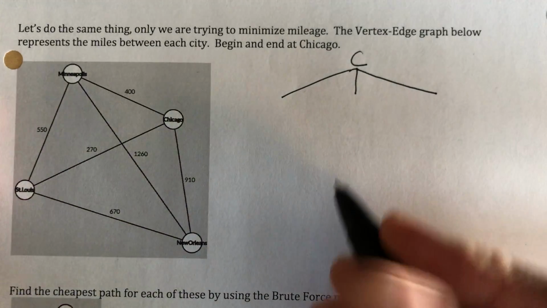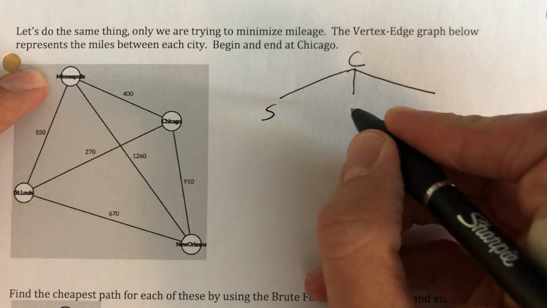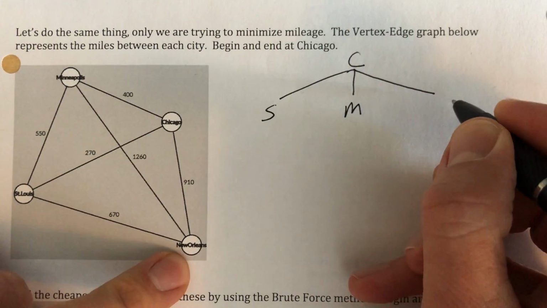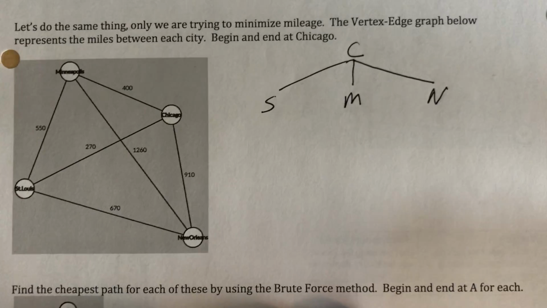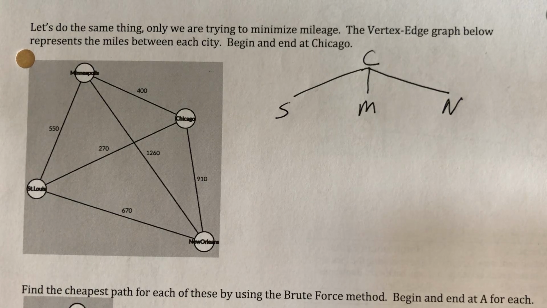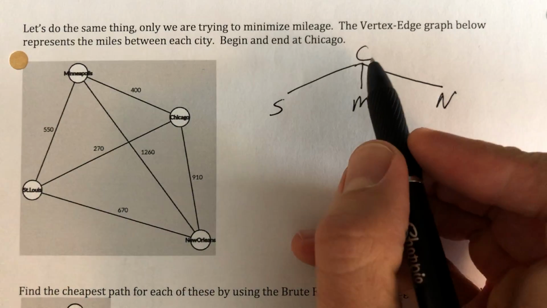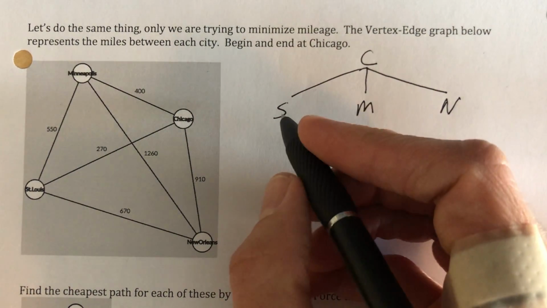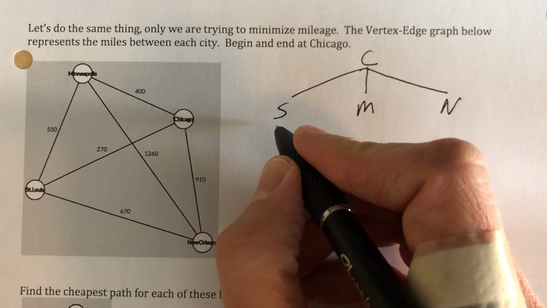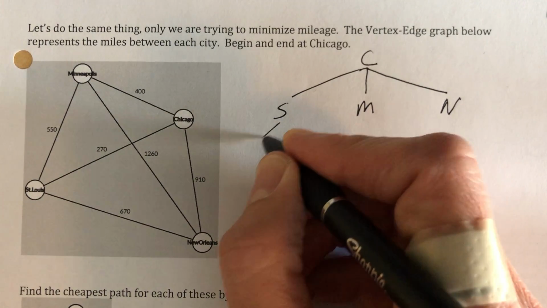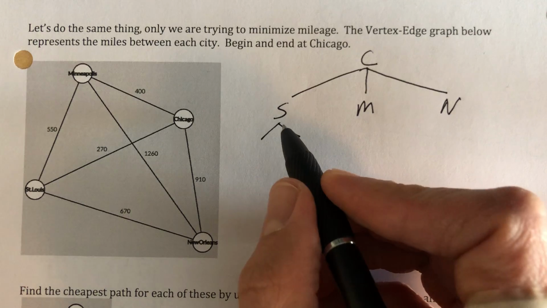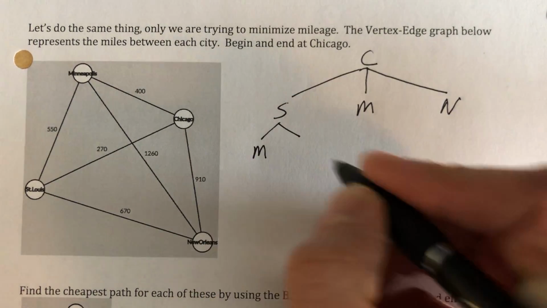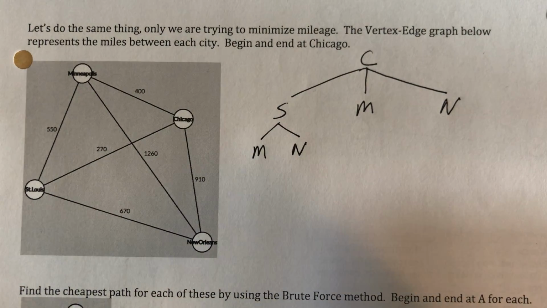So we're going to start in Chicago. We could go to St. Louis, we could go to Minneapolis, or we could go to New Orleans, depending on how you want to pronounce it. Okay, let's pretend like we go Chicago, St. Louis. Well, if that's the case, I could split off from St. Louis and go to either Minneapolis or New Orleans.